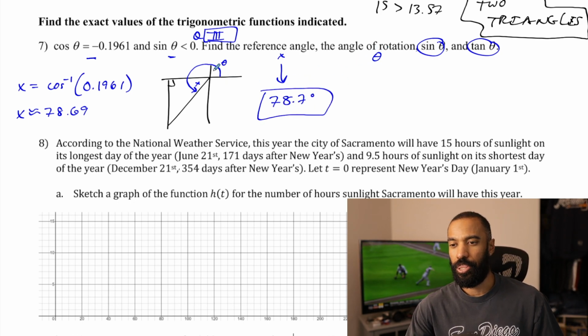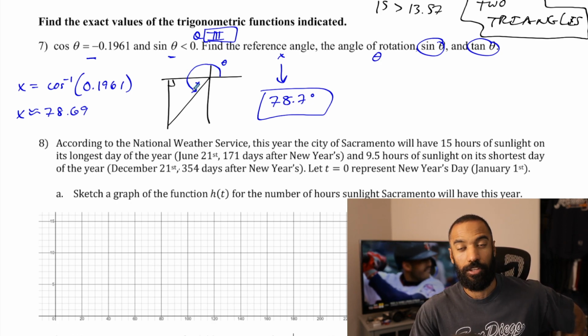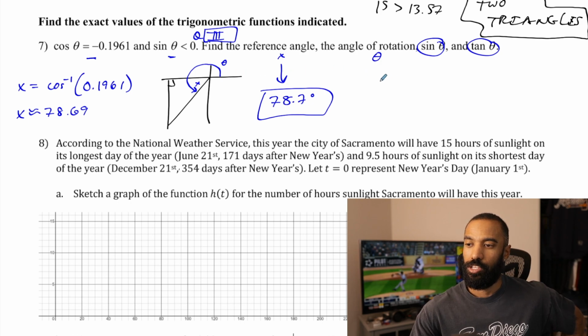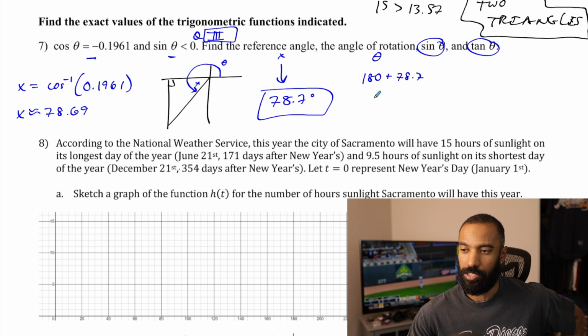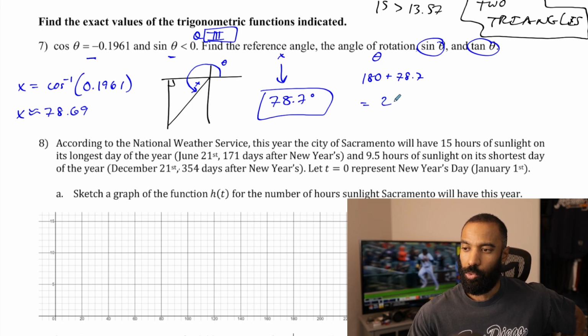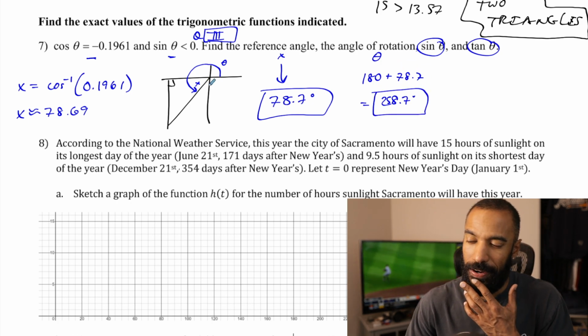Now, the angle of rotation theta is this whole 180 degrees plus this right here. This accounts for quadrant now. So angle of rotation is 180 plus the 78.7 degrees, which is around 258.7 degrees, like that. So that's what those two are right there.